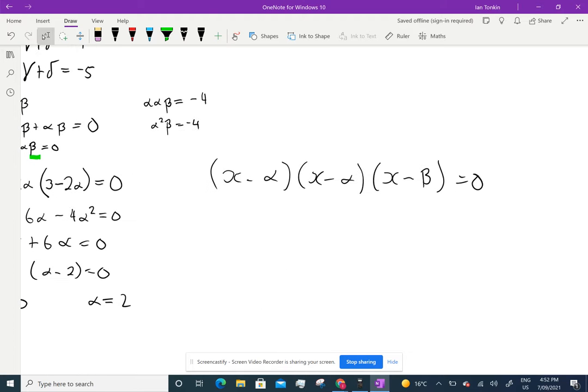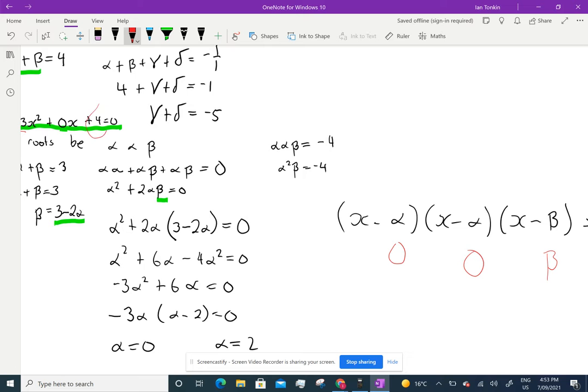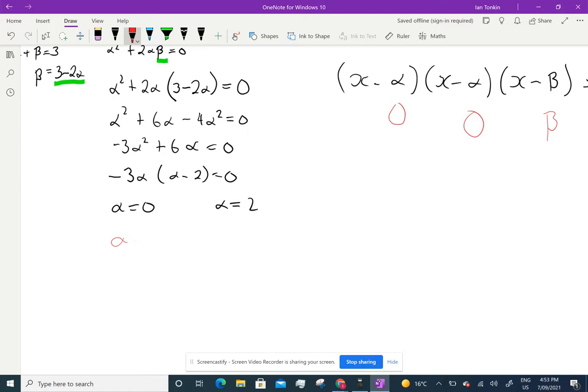Now, if I were to expand that out, and if alpha equals 0, my constant is going to be 0 times beta, whatever that is. And 0 times 0 times anything means it's going to be 0. But it's not. It cannot be, because I've got a 4 as my constant. So alpha cannot equal 0. It will not work. It's not a solution.